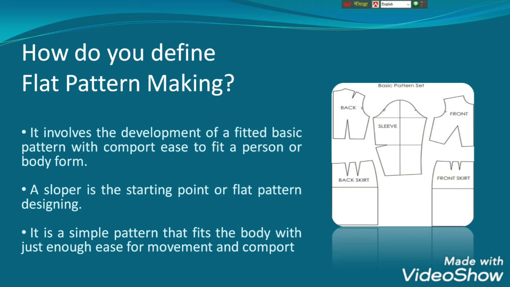It is considered a simple pattern that fits the body with just enough ease for movement and comfort, such that 5 basic pattern pieces are used for women's clothing, which include a snug-fitting bodice front and bodice back with darts and a basic neckline, a sleeve, and a fitted skirt front and back with darts. Since fashion changes frequently, women's styles fluctuate frequently. Thereafter, the basic slopers are then ready to create fashions.